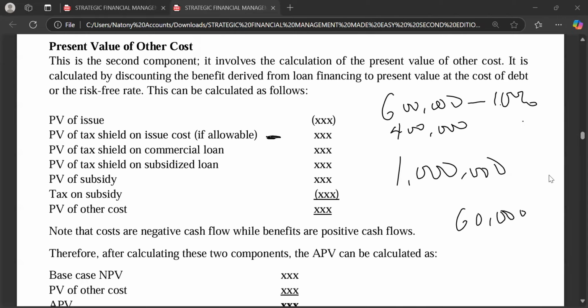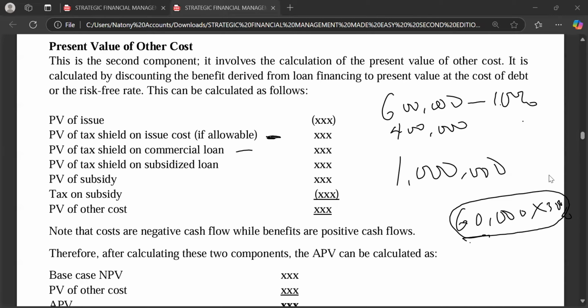The interest is always tax deductible, so the tax benefit is what you are interested in, not the interest itself. So if the tax rate is 30%, this will now be times 30%. That will be the tax benefit on the interest. Another thing you need to know is that this project will be for a number of years, so whatever figure you get here will be for year 1, year 2, to maybe year 4 or year 5, depending on the number of years.